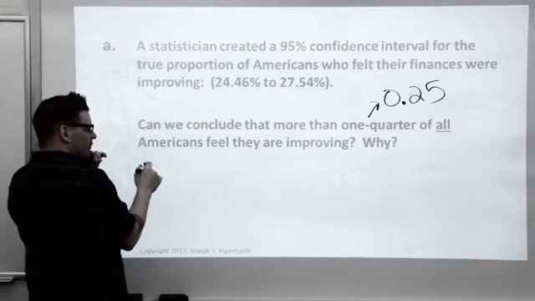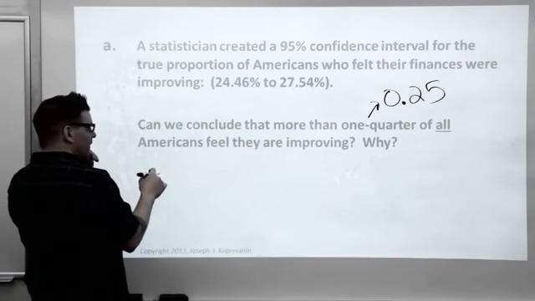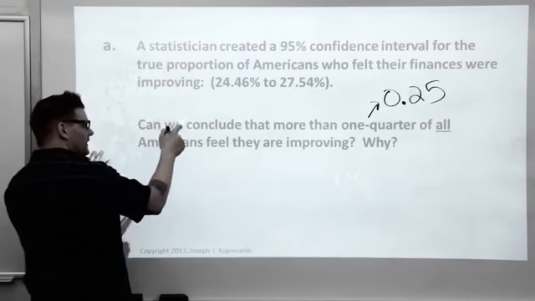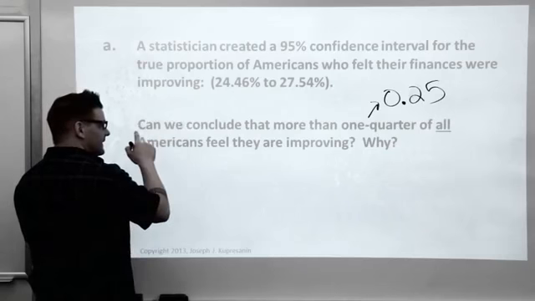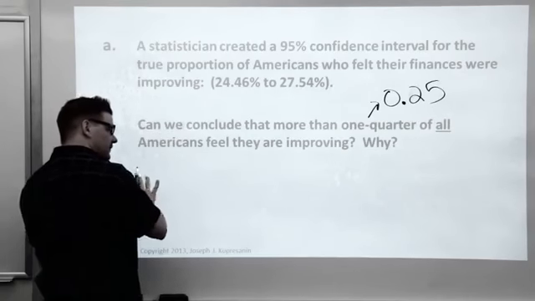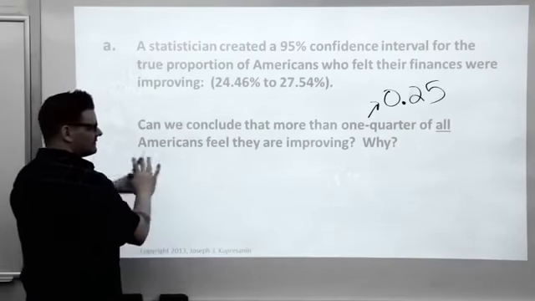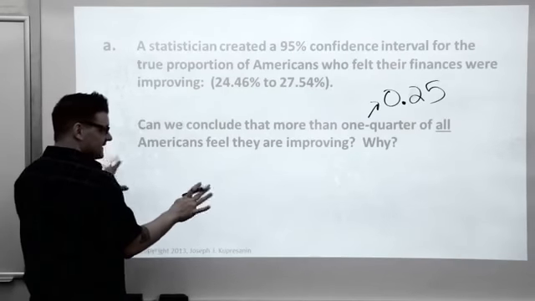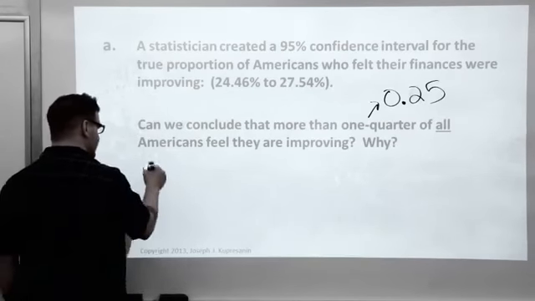Can I conclude that more than 1/4 of all Americans feel they're improving? Is 1/4 inside the interval? It is. Because the whole interval does not exceed 25%, statistically speaking, I cannot conclude that.